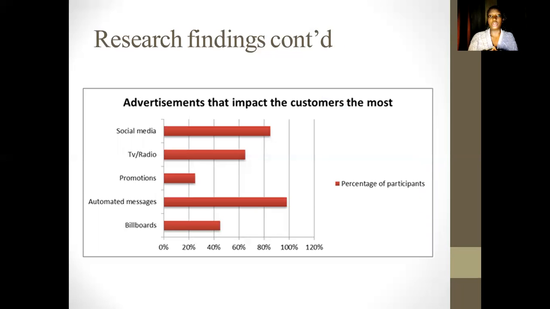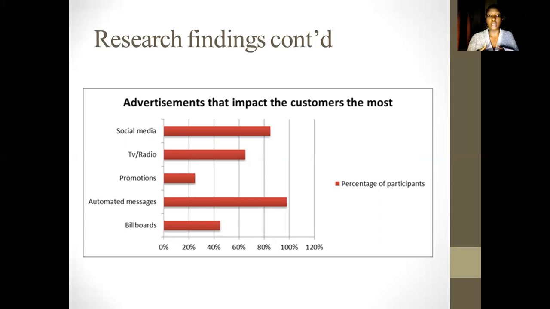To continue with the second research question, I had to know what kind of advertisements attracted these customers to use digital services instead of traditional services. So from the findings, the advertisements that impacted the customers the most. From the findings, you can see that social media has a bigger percentage of how these digital services impact the customers.